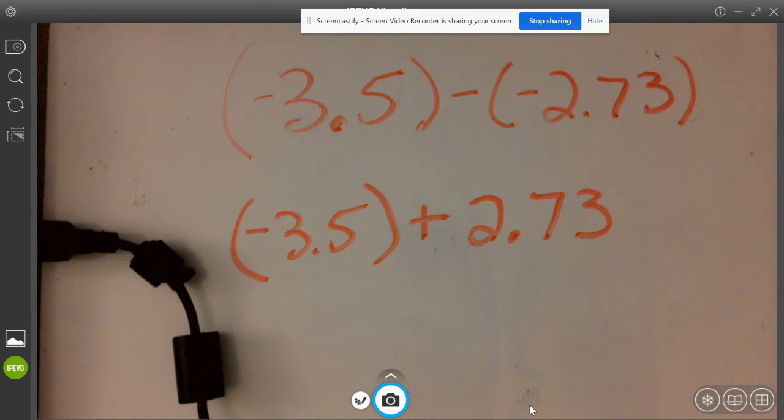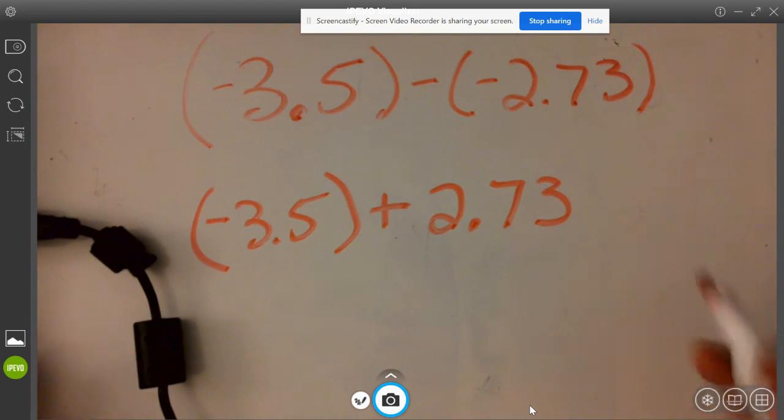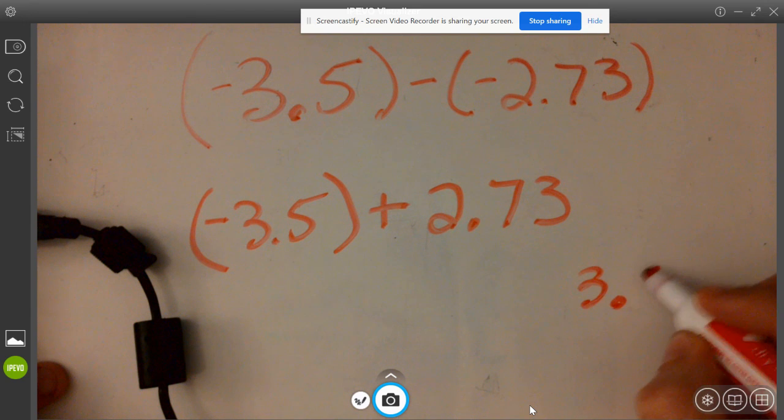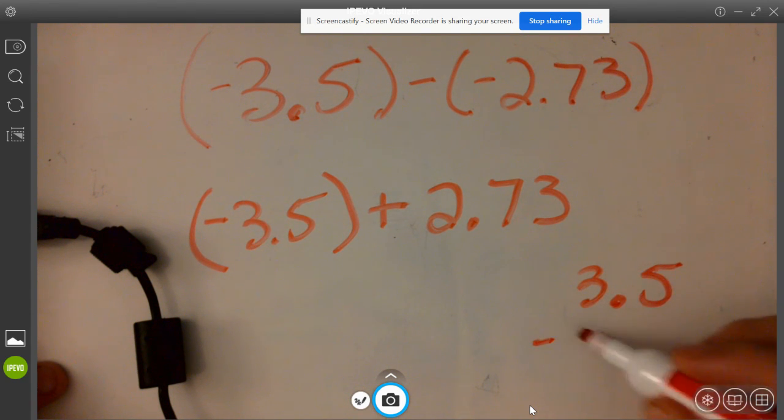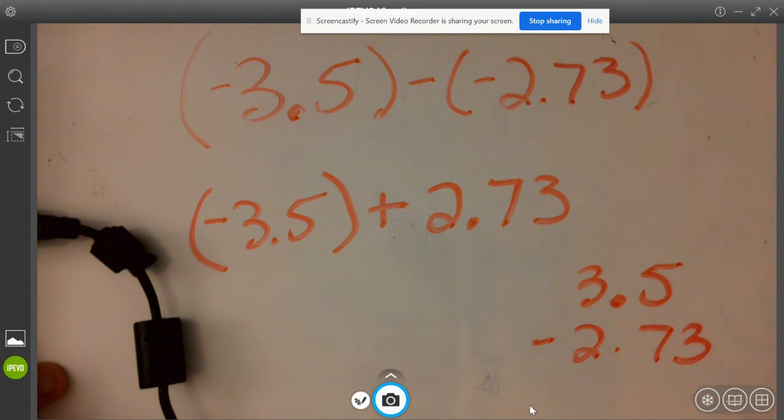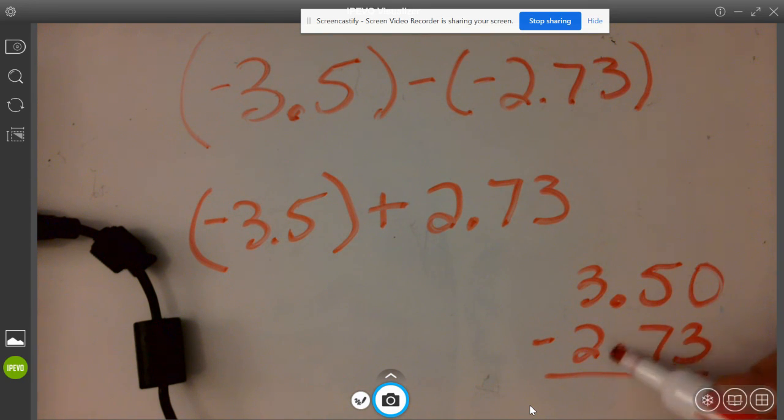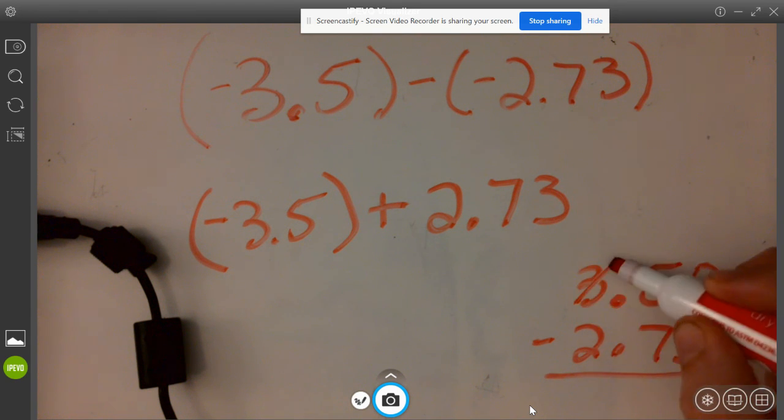All right, so we have addition now. One's negative, one's positive, so we're going to be subtracting. Your bigger number is 3.5. So I'm going to come off to the side, 3.5 minus 2.73. Again, notice that we need a placeholder, so I'll put a 0 so they line up. Line up your decimals. 0 minus 3 can't do that. 5 minus 7 can't do that, so we're going to come all the way to here.